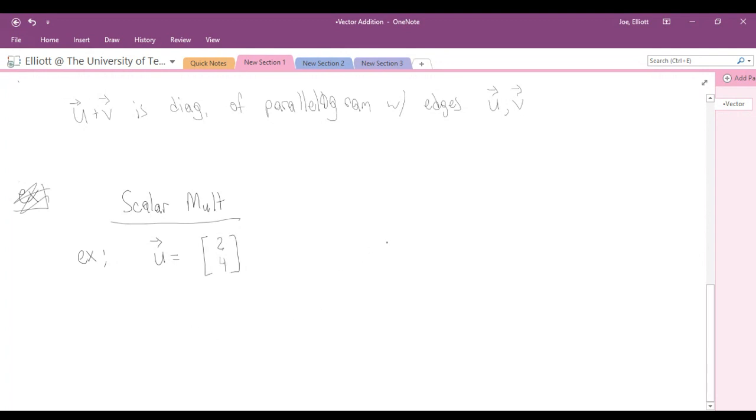Let's look at the vector 2, 4. Now to multiply a vector by a scalar, all you do is multiply that scalar into the components. So multiplying u by 2, it's going to multiply each component by 2. So I will get 4 and 8.